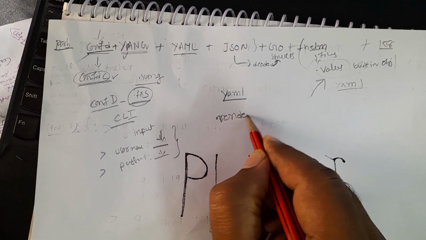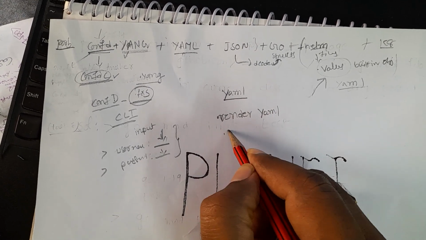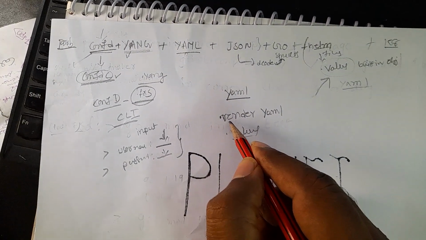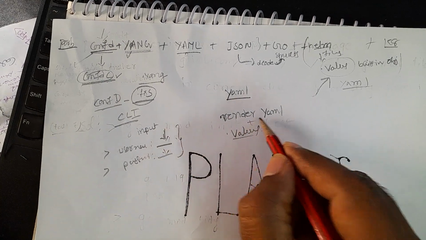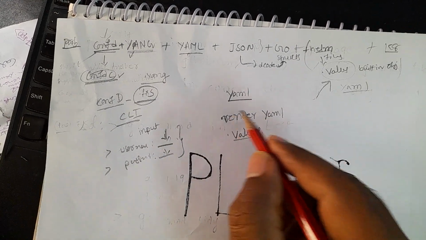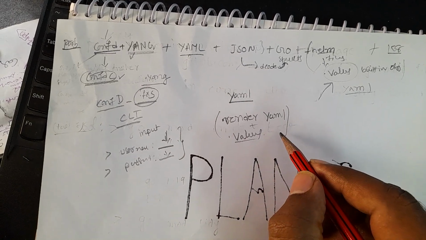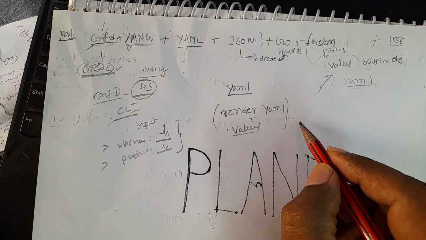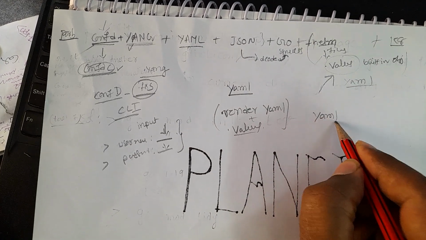Okay, these are render YAMLs we create. These render YAMLs plus the values object. Consider that there is a values object, so it will hold all the values given in the CLI, plus these render YAMLs. By combination of these two we create the YAML file with the actual values.